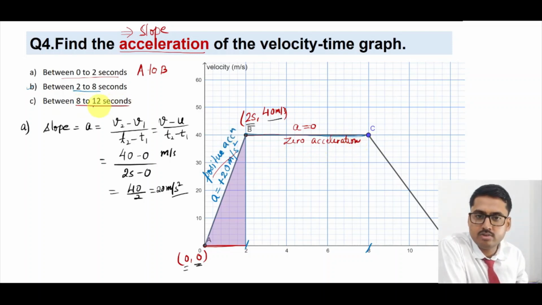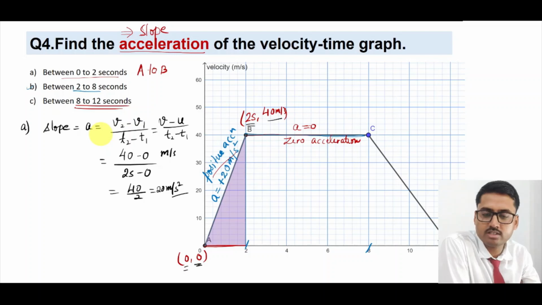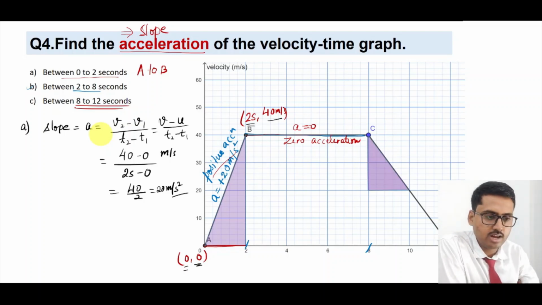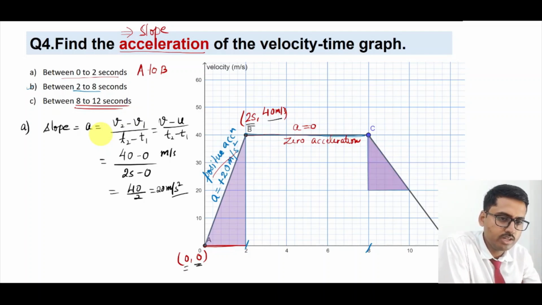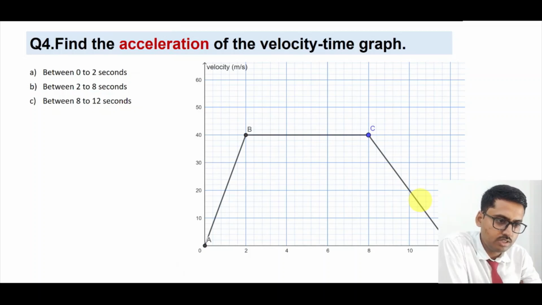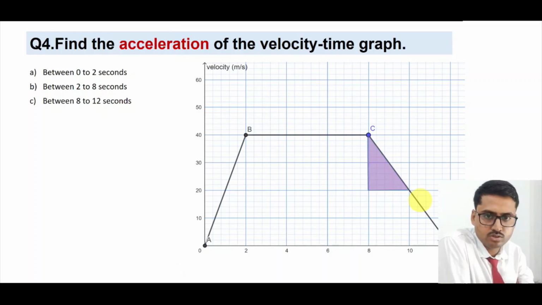And we have the third question, which is over here, to calculate acceleration between 8 seconds to 12 seconds. So how do I calculate the slope of the graph between C and D? So let me see if I have, yes, so I'll solve over here.